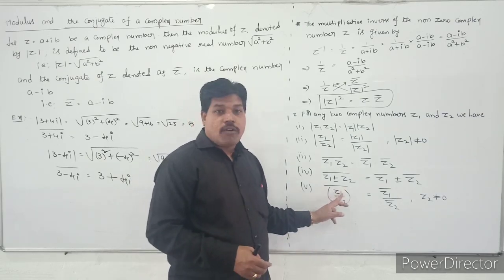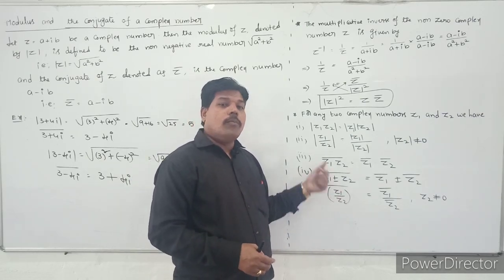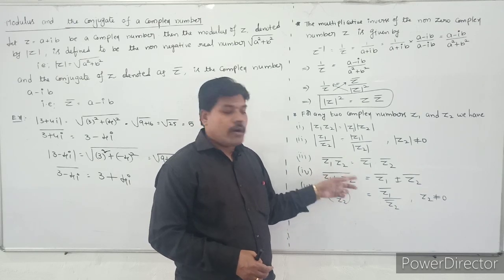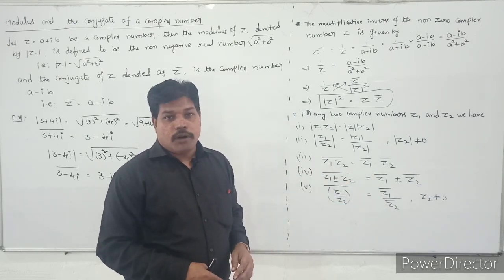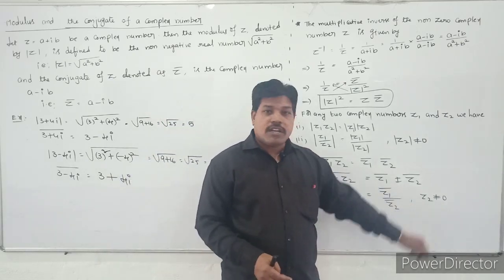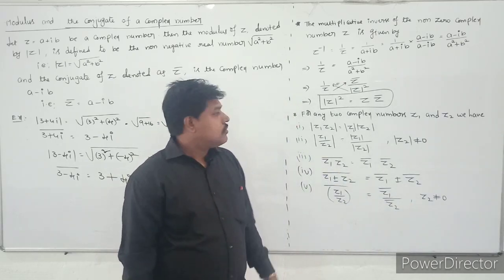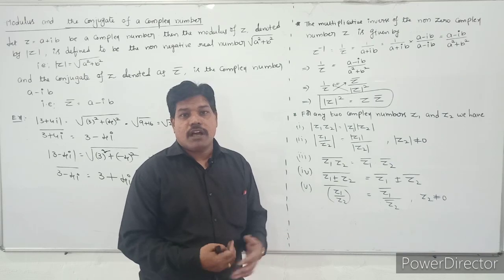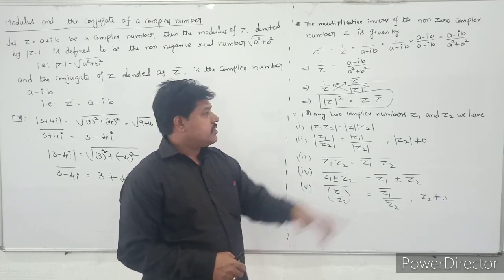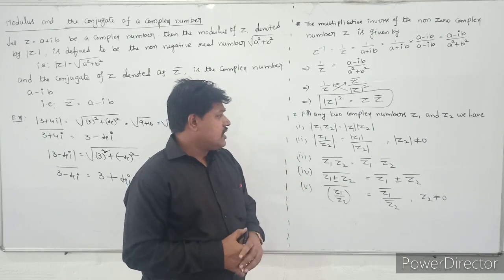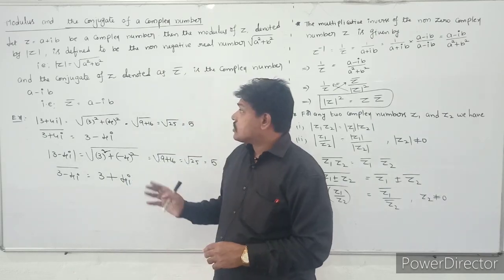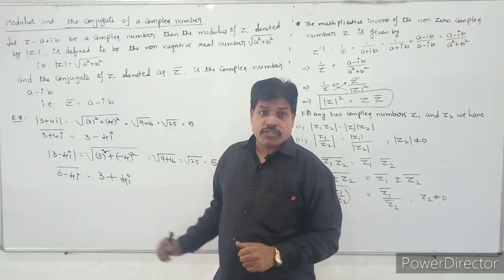And z1 by z2 whole bar can be written as z1 bar by z2 bar, where z2 is not equal to 0. So these are conditions we will use in the objective questions also. These conditions are important, and we will use them in the questions.